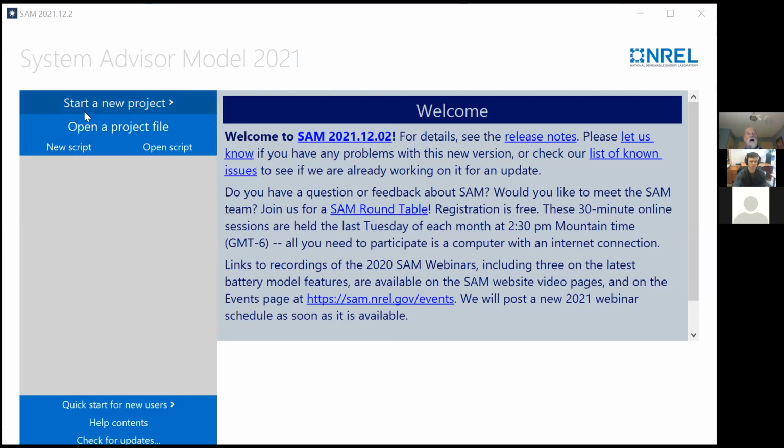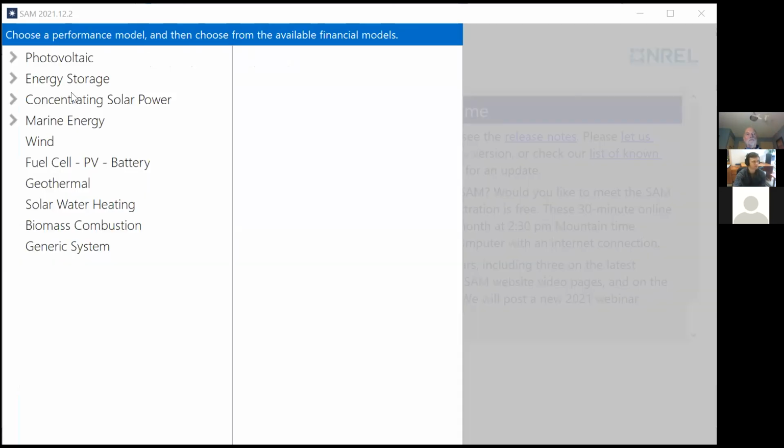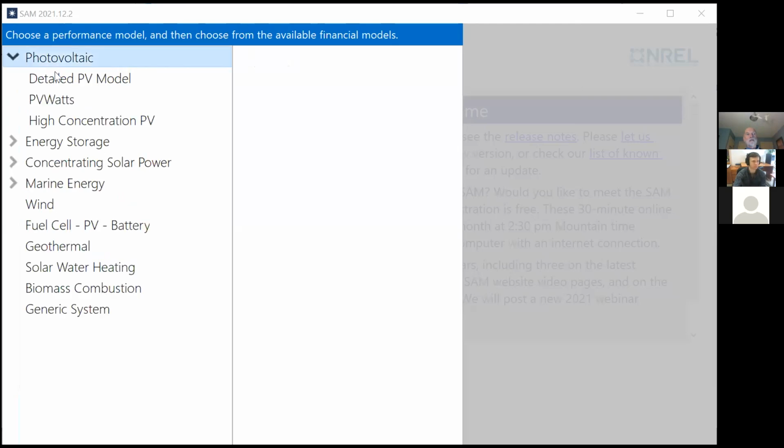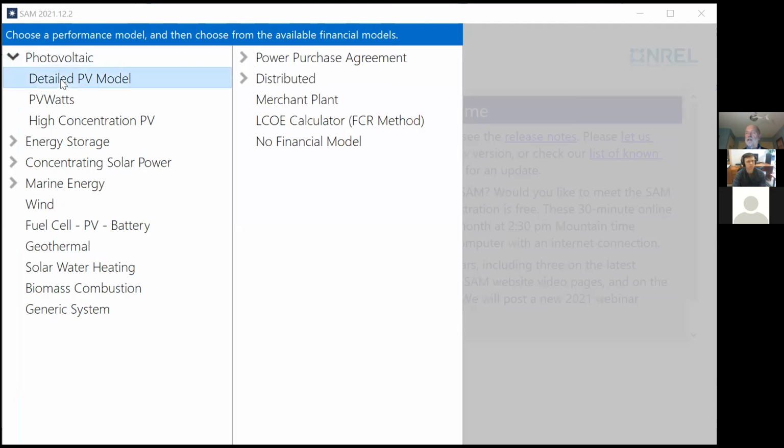So I'm going to start a new project. I'm going to look at photovoltaics, look at a detailed PV module. What I'm going to encourage you to do is try playing around with SAM yourself, because it's free and it's relatively easy to find your way around it. So let's say we go to a detailed photovoltaic module.